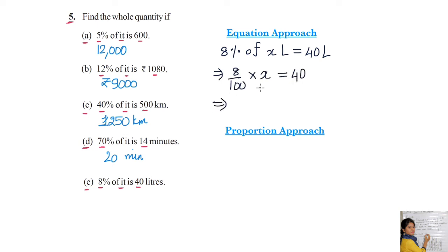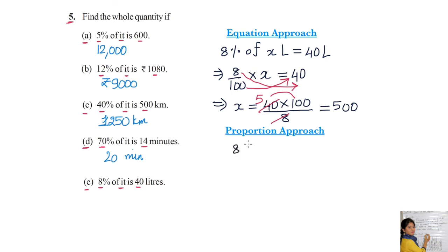So 100 will transpose to this side and 8 will transpose to this side. So directly we can write x is equal to 4000 divided by 8, which results in 500 liters. So 500 liters is the whole quantity.